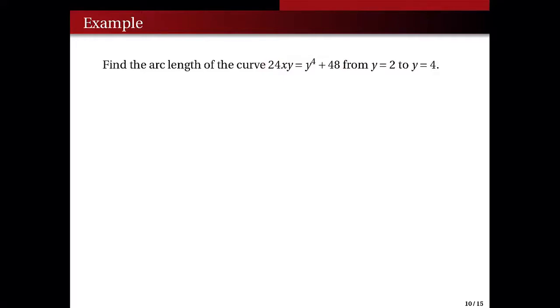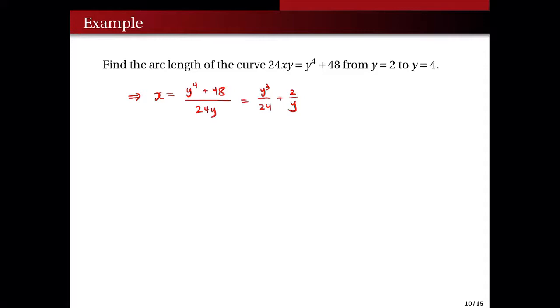Okay, so if we do that, we will have x equals y to the 4 plus 48, and then we divide this by 24y. Or this guy here, what do we get? We'll just have y cubed over 24 plus 2 over y. Okay?